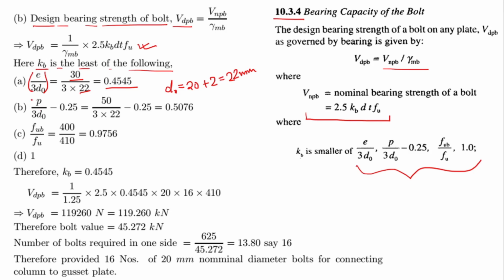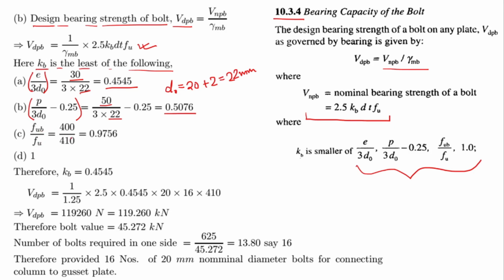Then p by 3 d_0 minus 0.25. p is the pitch, which is 50 mm. Then d_0 is the diameter of the bolt hole, it is 22 mm. And finally, it is calculated as 0.5076.